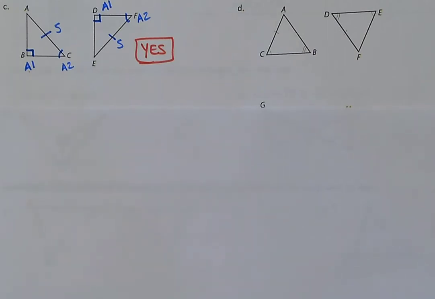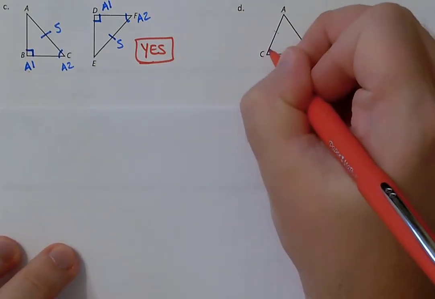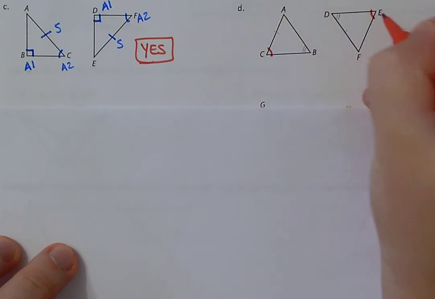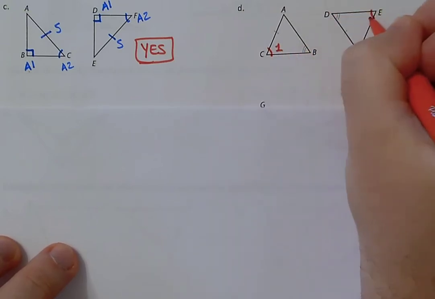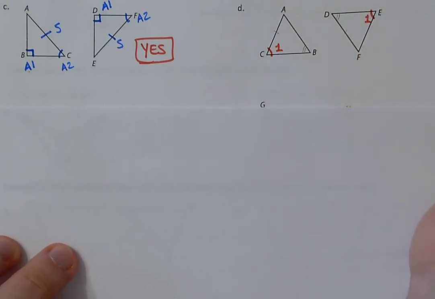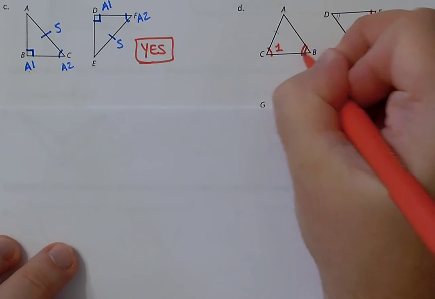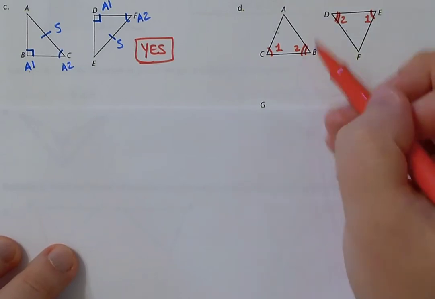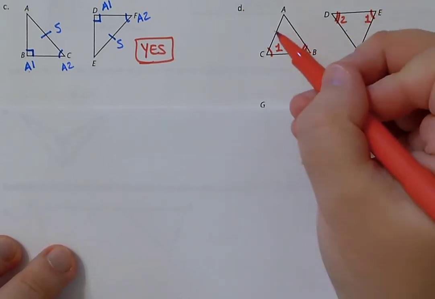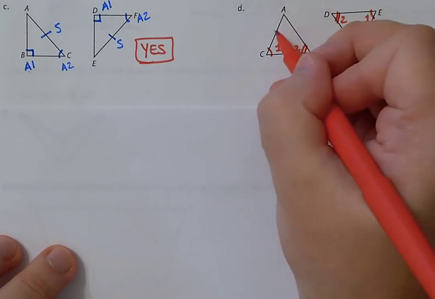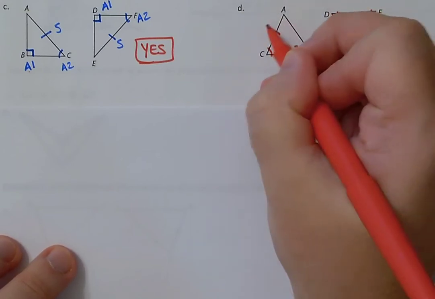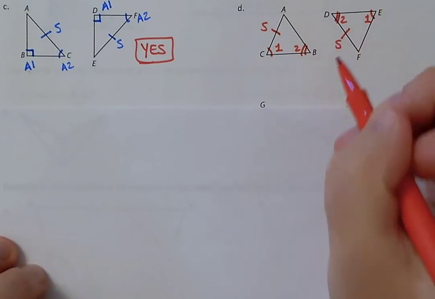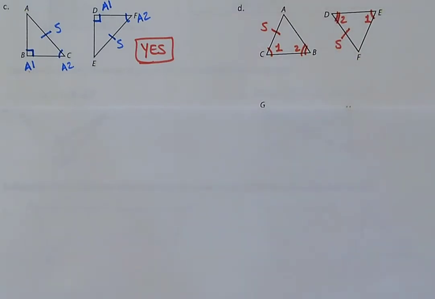For part D, they tell me that angle C is congruent to angle E. So I have my first angle here. Next, I have angle B is congruent to angle D by the two congruent marks. So I have my second angle, and then they tell me that AC is congruent to DF. So I know this side is congruent to this side. So I now have my two angles and my one side.